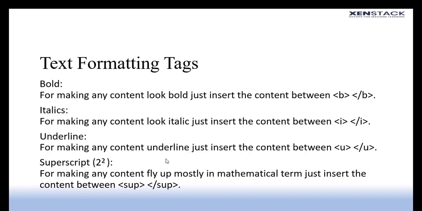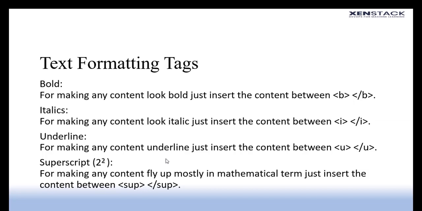Next comes superscript. When you want to write any mathematical term like 2 to the power 3, or say 2 cube, 2 square, in this case we are going to use superscript. I have used the example 2 square here, where we have written the 2 above the first 2, that is the index and the base.